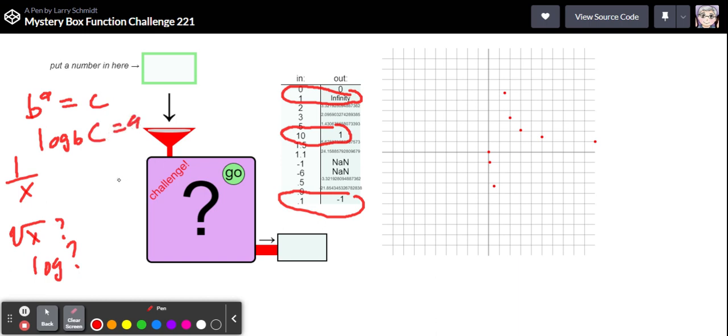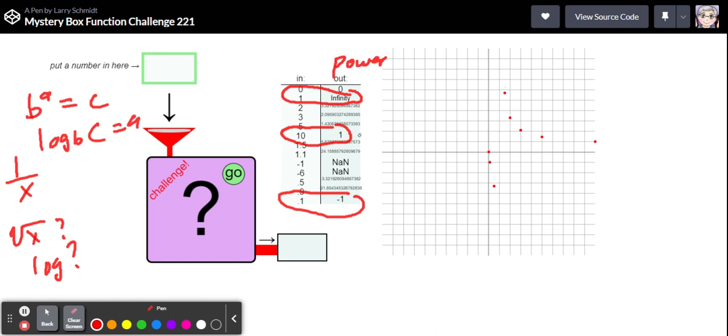So that's what we're doing here. So when we put in, if this is log base 10, when we put in a 10, the log base 10 of 10 is going to be 1.